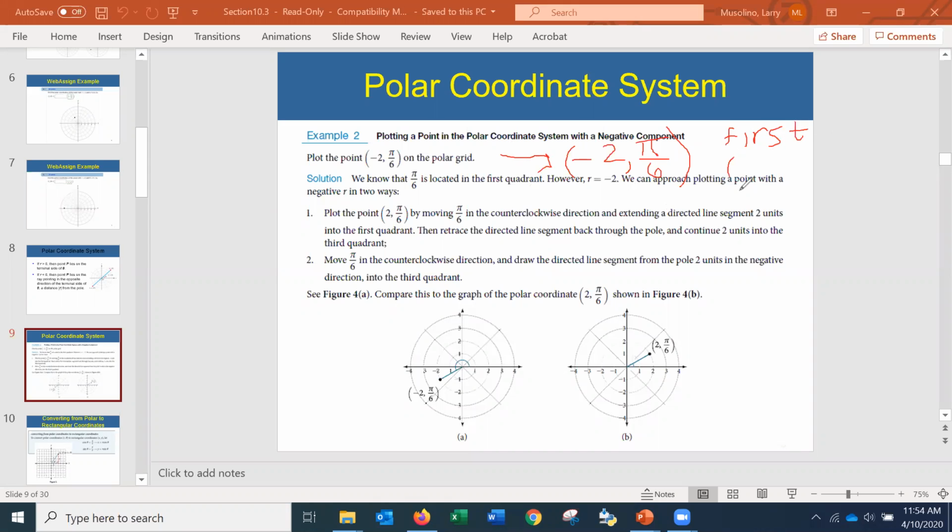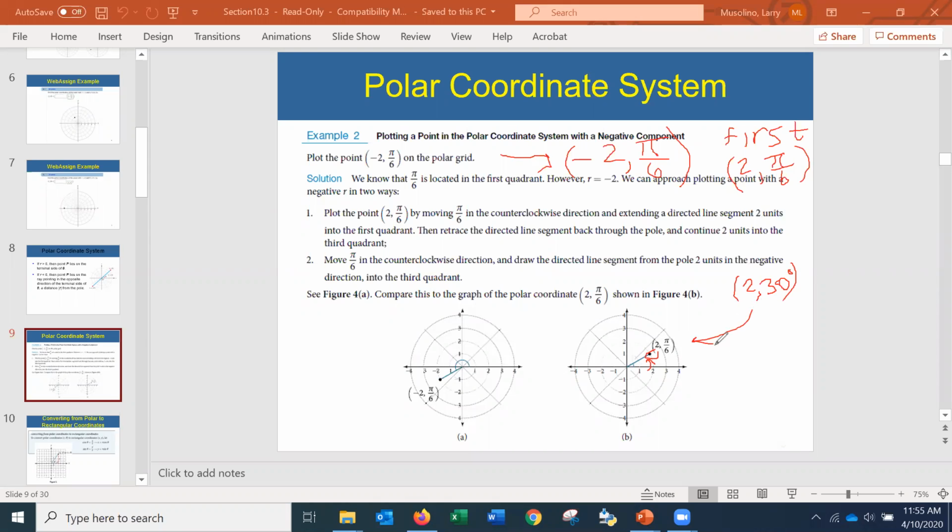So I'm going to plot 2 comma pi over 6 to begin with. You might remember pi over 6 is 30 degrees. So I'm going to plot 2 comma 30 degrees to start with. Well, here is 30 degrees, and I'm walking out a distance of 2, so here's the black dot for 2 comma pi over 6.